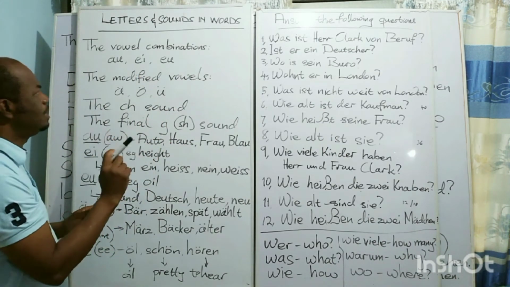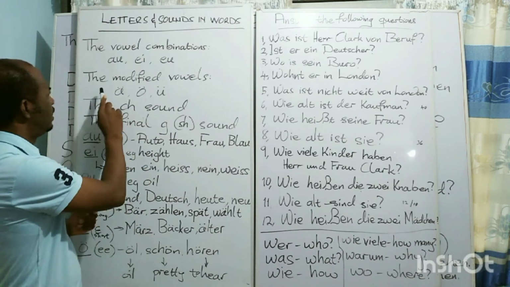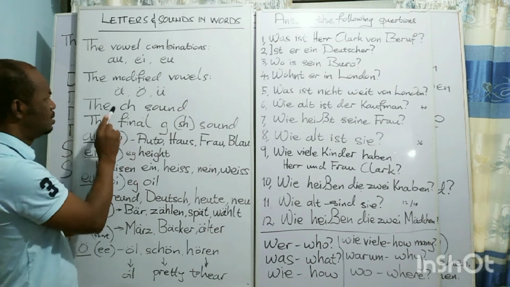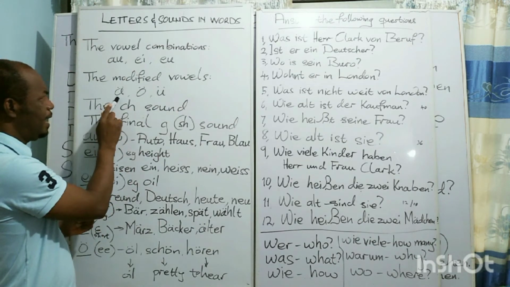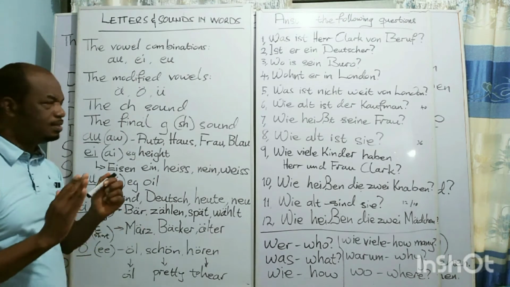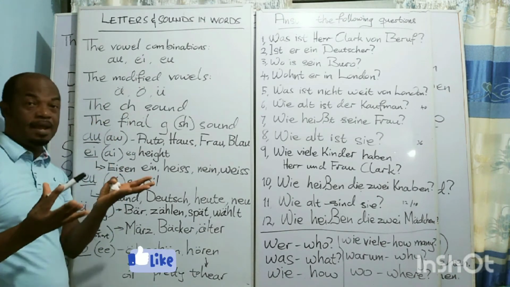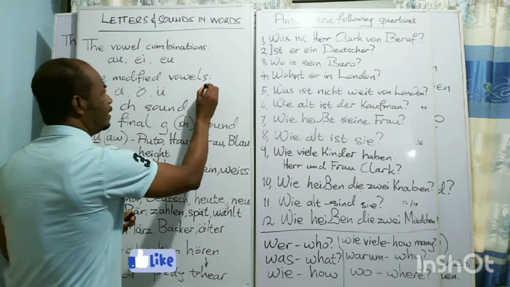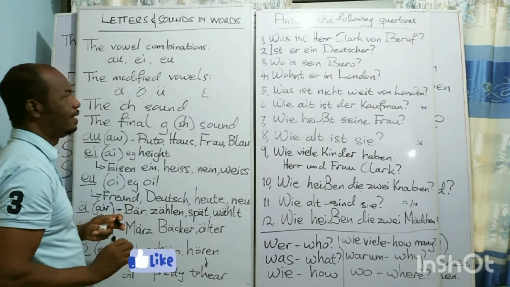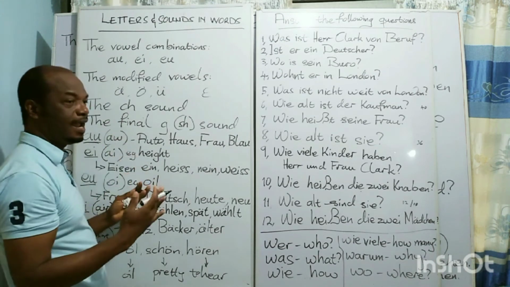Now let's look at the modified vowels. The modified vowels, A, O and U. Bear that in mind. The A with the umlaut is called like this. In Akan language that we speak in Ghana, that is the same.